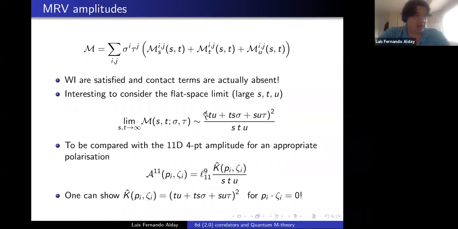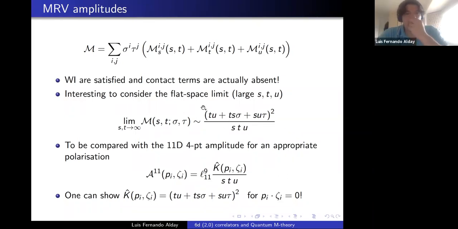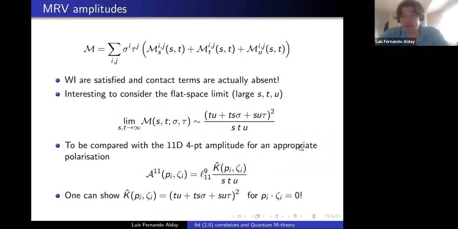Let me tell you the structure. First you see a 1 over STU, then you see some function of S, T and U, and also sigma and tau, which is a degree 2 polynomial. And also you can find a degree k minus 2 polynomial, which is completely fixed in the flat space limit. This structure should be compared with the 11-dimensional 4-point amplitude for an appropriate polarization.